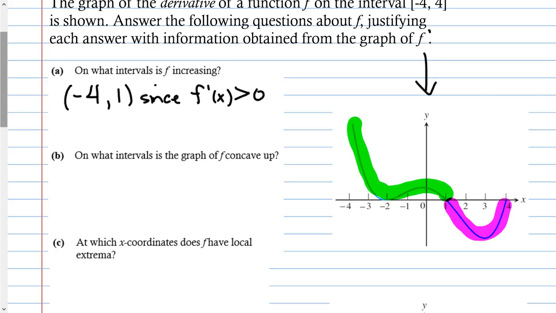Now, notice our critical numbers. For example, -2 probably would have come out to be a critical number that you would have had to check, but then once checking you would have seen that it was not a min or a max, because the sign doesn't change. f prime is still positive.